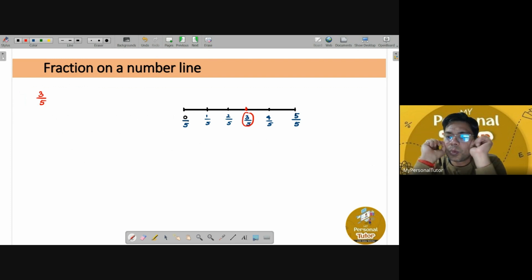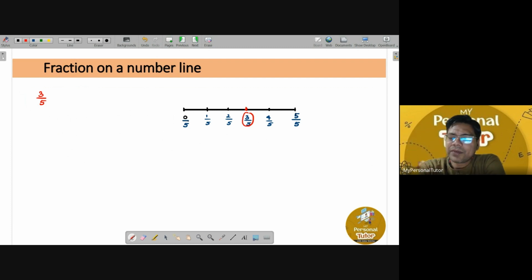So what is the most important thing whenever you have to represent any fraction on the number line? Okay, so here currently we have taken a proper fraction. So always remember, when you have a proper fraction and you have to draw a number line for it, whatever the denominator is there, that many parts you divide it between 0 to 1.